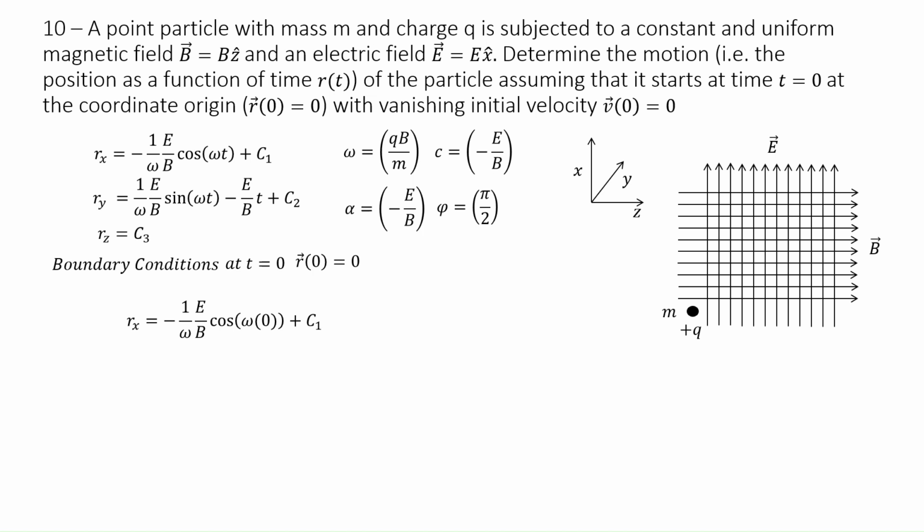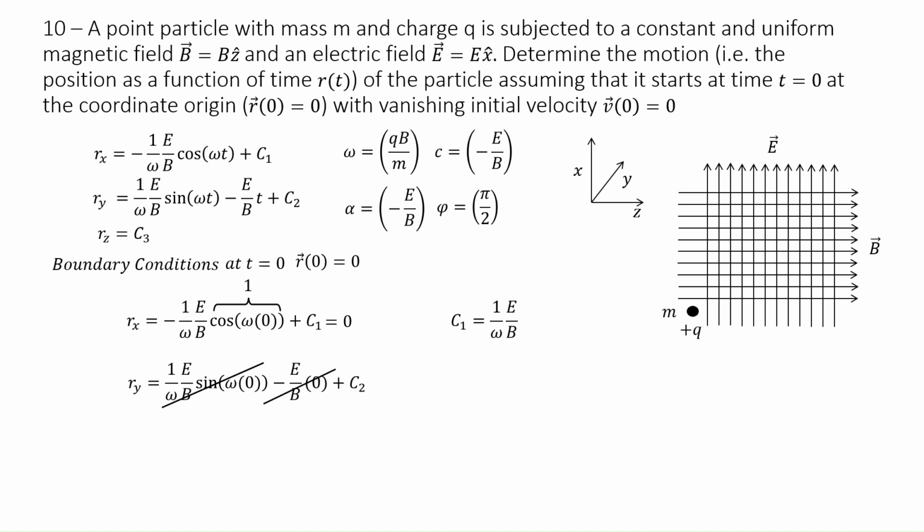So if we sub in t equals 0 into our Rx equation, we get our cos turning to 1, and since the entire expression equals 0, we can deduce that C1 equals 1 over omega times E over B. For our y, we again sub in t equals 0, but since sine 0 equals 0, this part of our expression goes away, and anything times by 0 also equals 0.